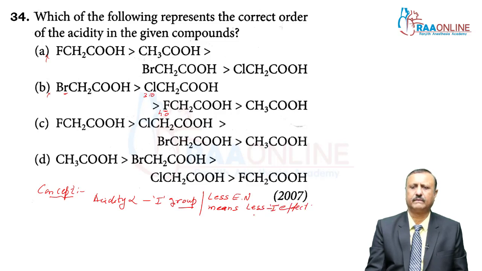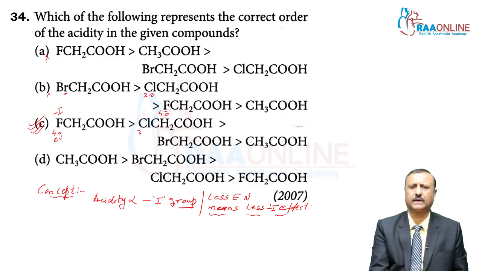So, in this way we can determine the acidity of these compounds. Here we can go with C: F, Cl, Br and CH3. Yes, this is the answer. Why? Because fluorine has 4.0 electron volt electronegativity, that is why the minus I effect is more.